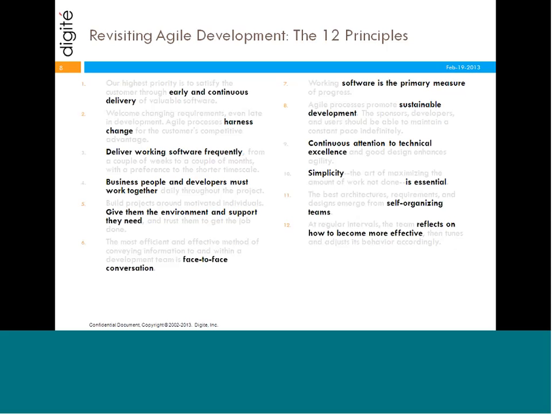Agile talks about business people and developers working closely together, and they need information so that they can make informed decisions. They also want a sustained process to continuously deliver that software. These 12 principles really focus on the delivery of working software, on the individual, and on sharing information in a very collaborative fashion.